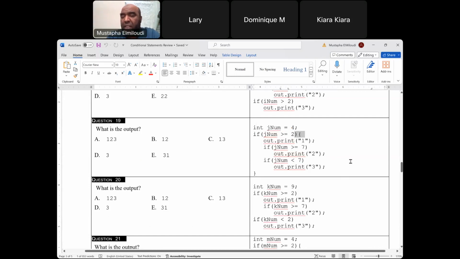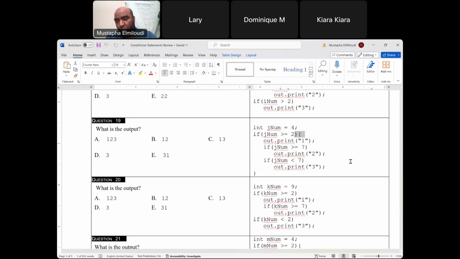So imagine that jNum was, for example, 1. So 1 is not higher than 2, and the program will skip everything between the two braces. So it will print nothing.